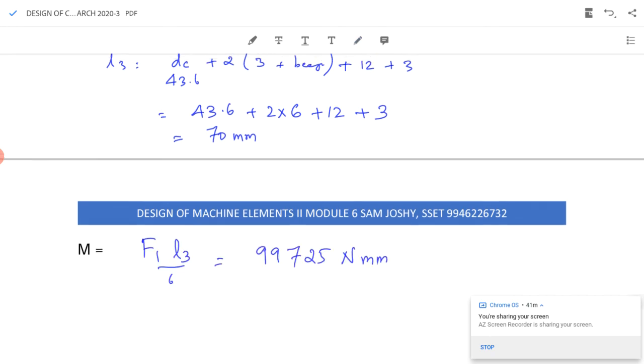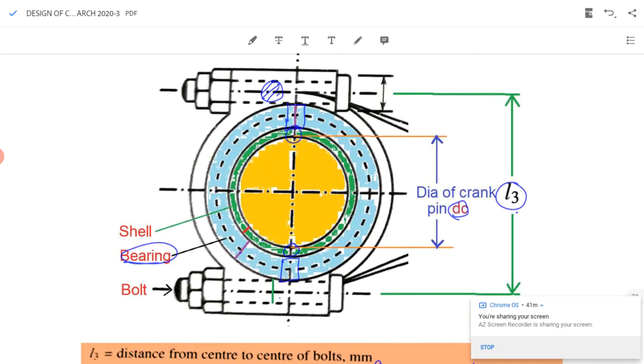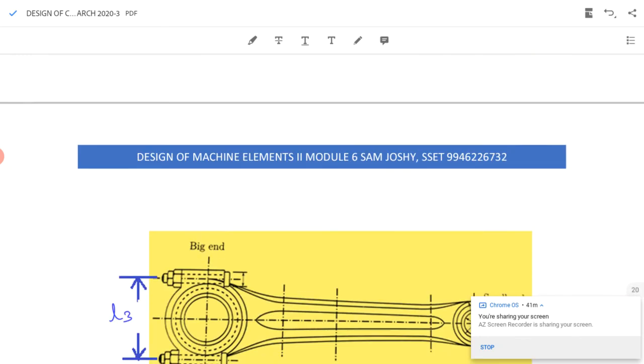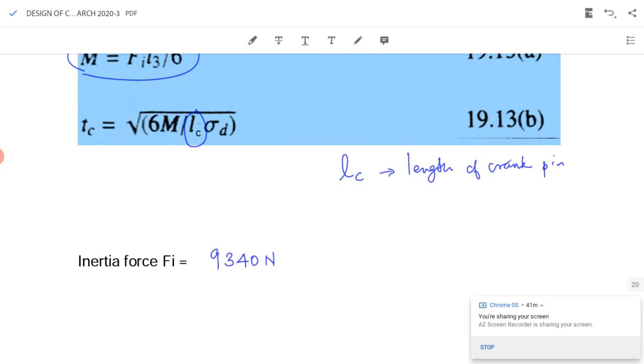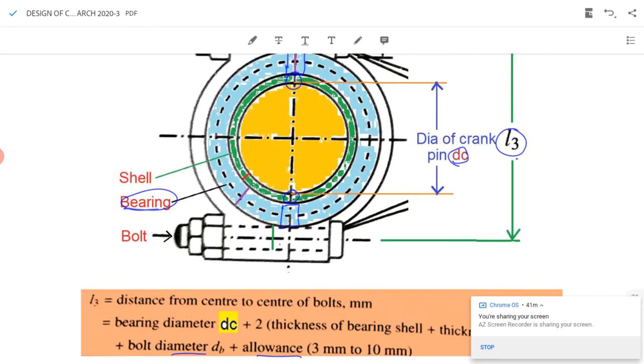Further, I can find the value of Tc. Tc equal to root of 6M by Lc into sigma d, where Lc was the length of the crank pin. I have already found that value. Lc was equal to 56.71 mm. So we will find these values.